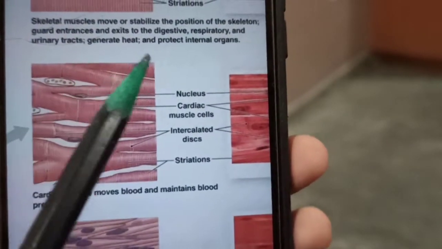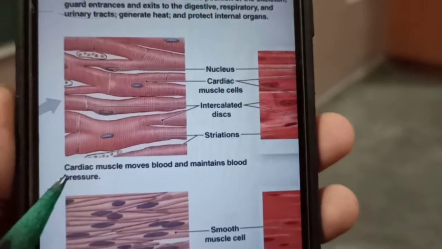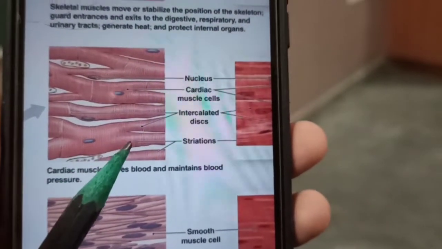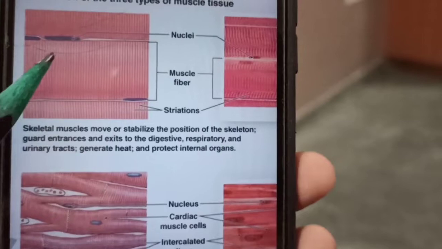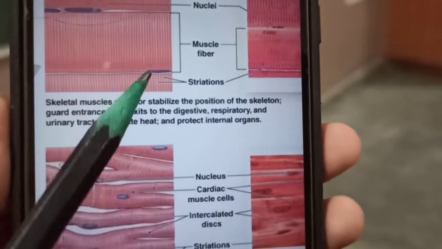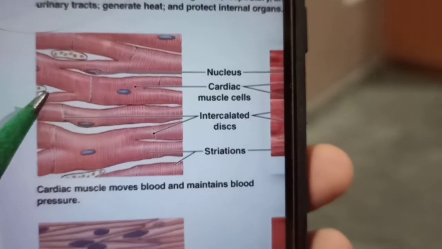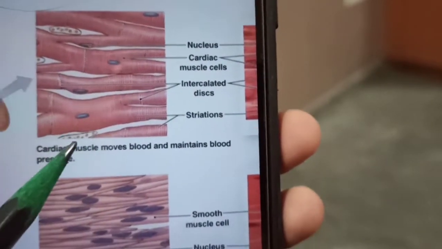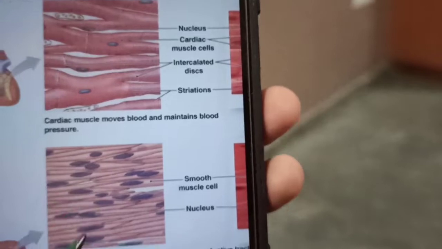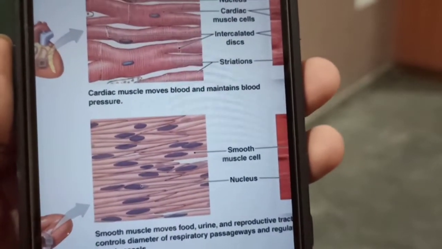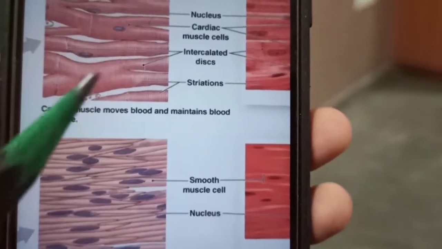These muscles work differently. They look like voluntary muscles, that is, striped muscles. A lot of striations you can see here also, correct, but they function like involuntary muscles.